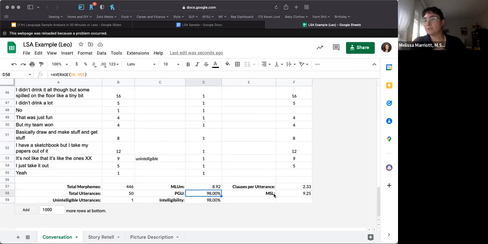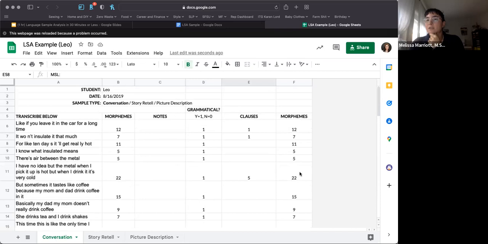And then this last one, which I think is mentioned maybe in an upcoming slide, is mean syntactic length. For mean syntactic length, I have this morpheme column just copied over.